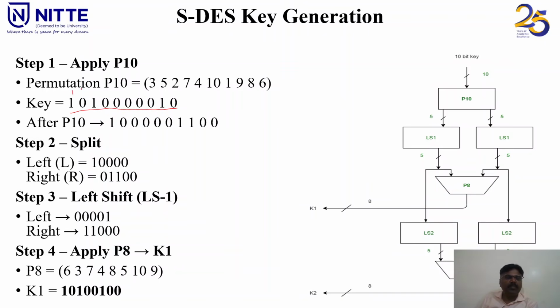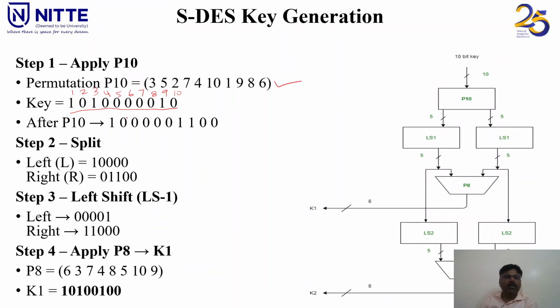1010000010. So I'll be going to give the numbers for each bit which is available in the given original key, like 1, 2, 3, 4, 5, 6, 7, 8, 9, the last bit is 10. So when I assign the numbers from 1 to 10, I'll be go on permuting, so replacing the position of the bits based on the P10.